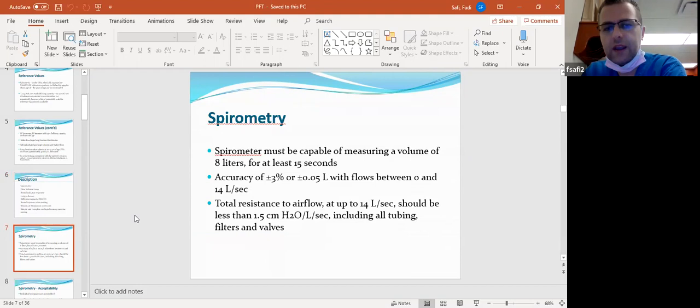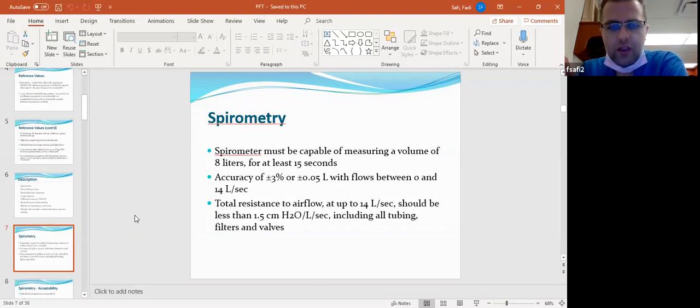So the spirometry, this is the first thing that I will discuss. The spirometer must be capable of measuring a volume of 8 liters. So the maximum that anyone can generate in a single breath technique is 8 liters, and you can generate that in 15 seconds.